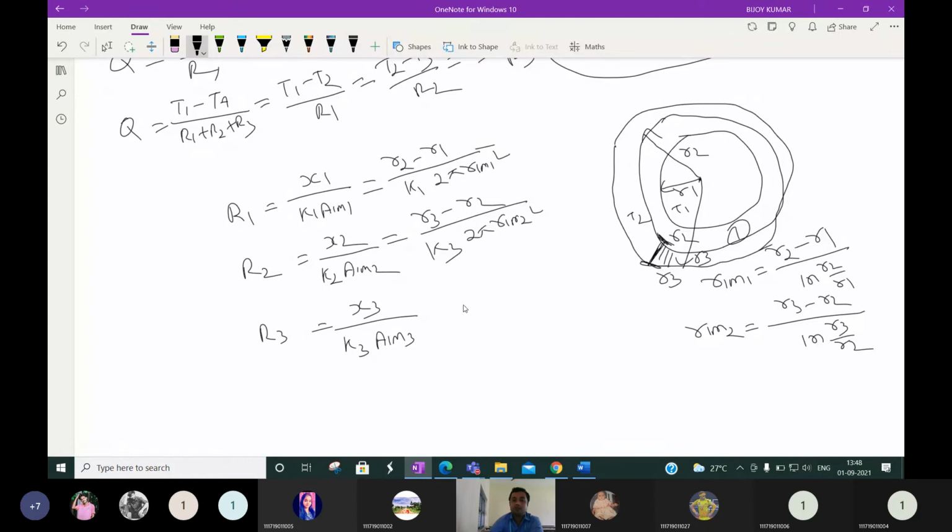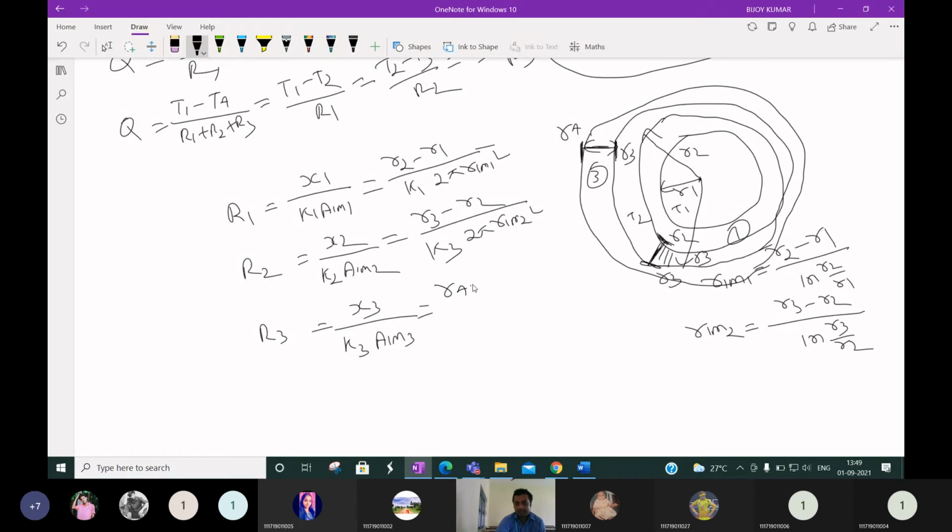Okay. So third one. For the third wall, what are the end radii? The end points are R4 and R3. This is the third wall, right? So R3 and R4 are the end radii. So what is the thickness of the third wall?